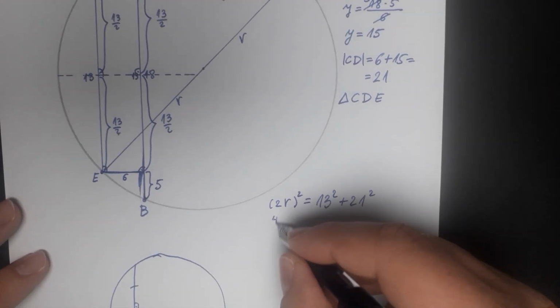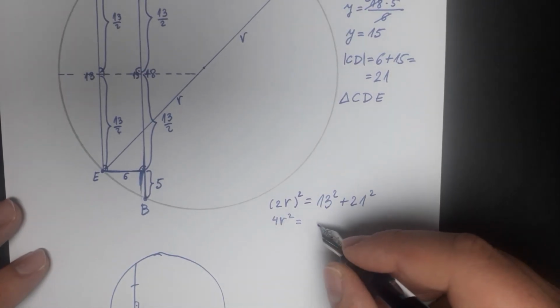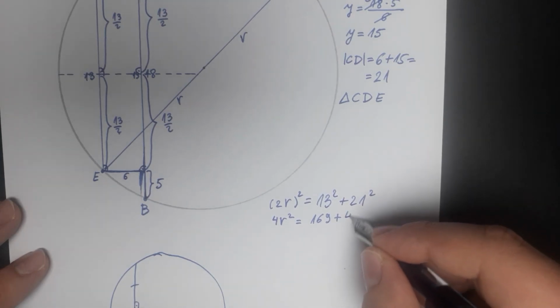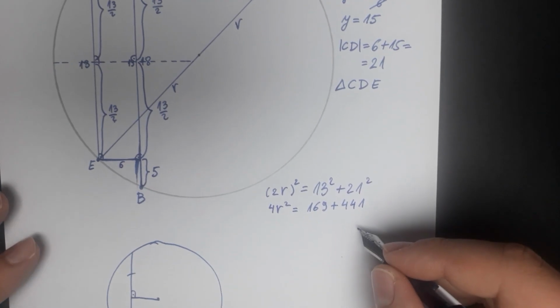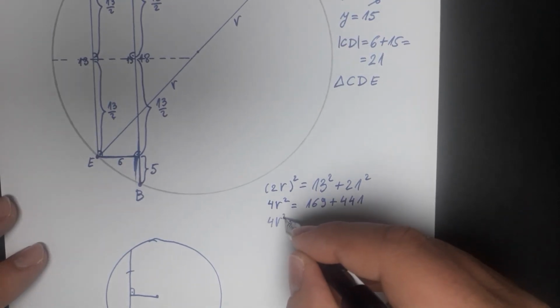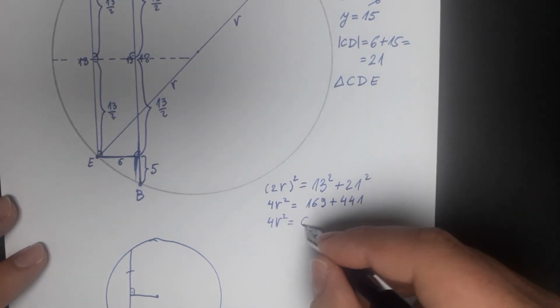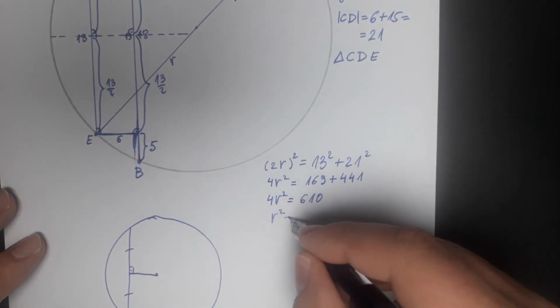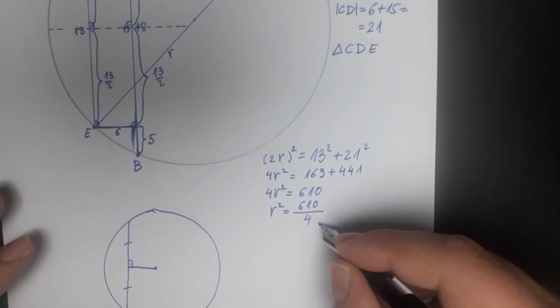What we have now is that 4r squared is equal to 169 plus 441. So 4r squared is equal to 610, and that means that r squared is equal to 610 divided by 4.